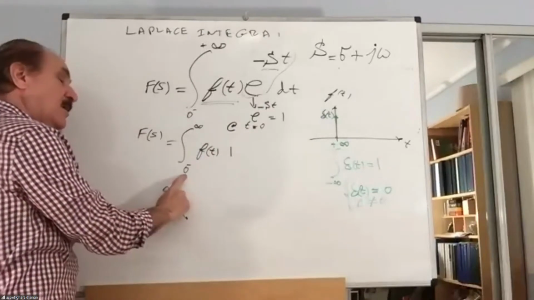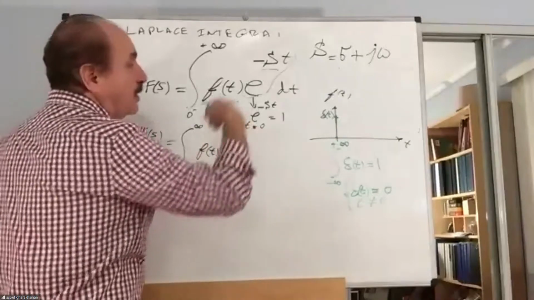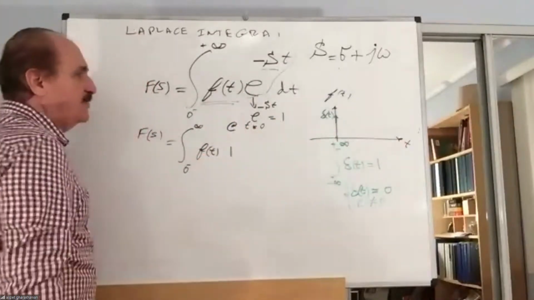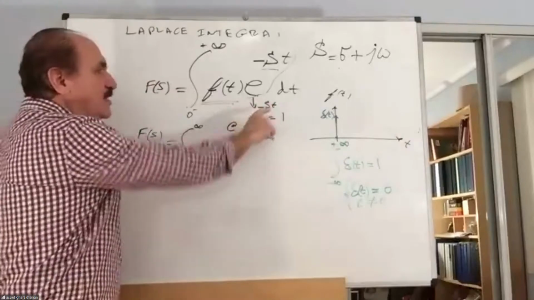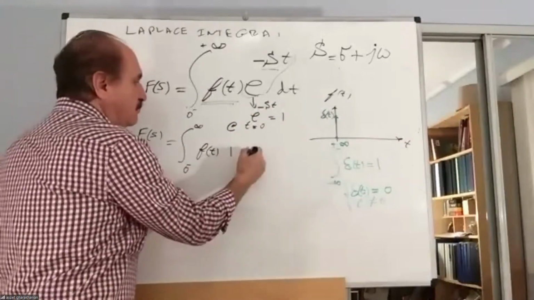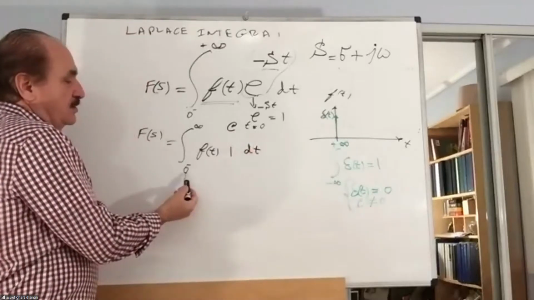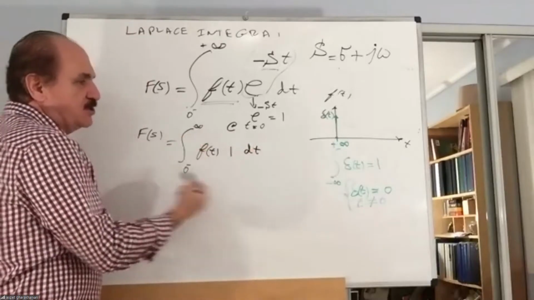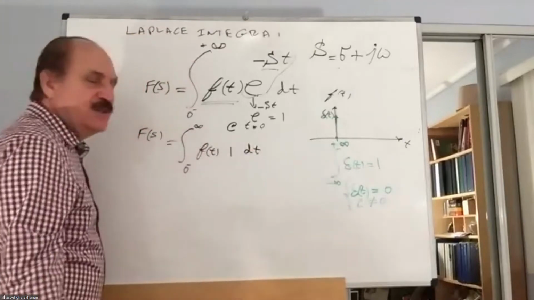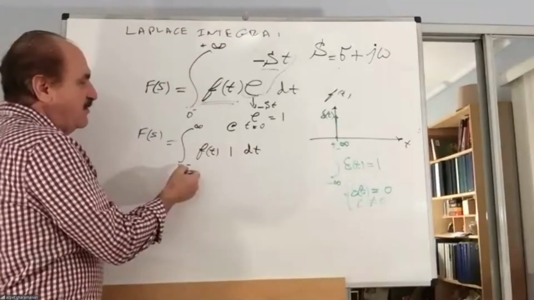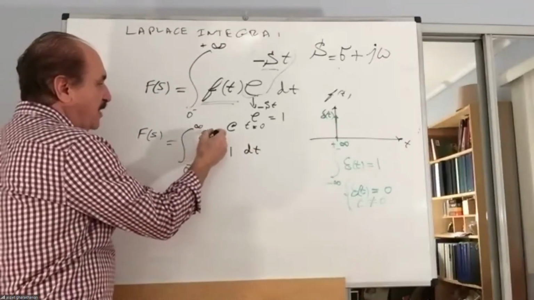It is neither minus nor greater. It is exactly at time equal to 0. So e to the minus st becomes 1, dt. And here is the answer. 0 minus to plus infinity, which covers minus infinity to plus infinity. What is the area of f of t, which is replaced by the delta t?